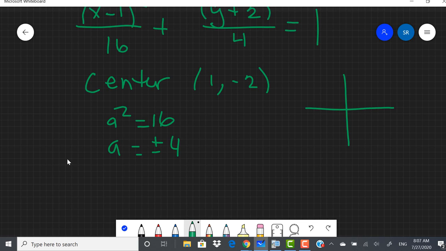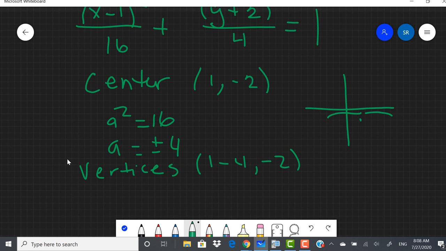So that means, from 1, negative 2, I'm going to have to subtract 4 and add 4 from the center. So my vertices are going to be at 1 minus 4, negative 2.